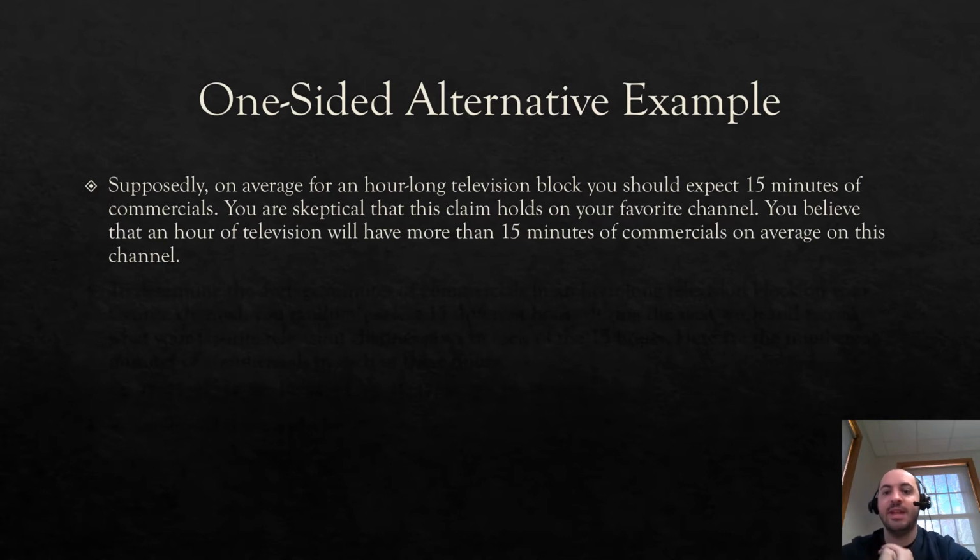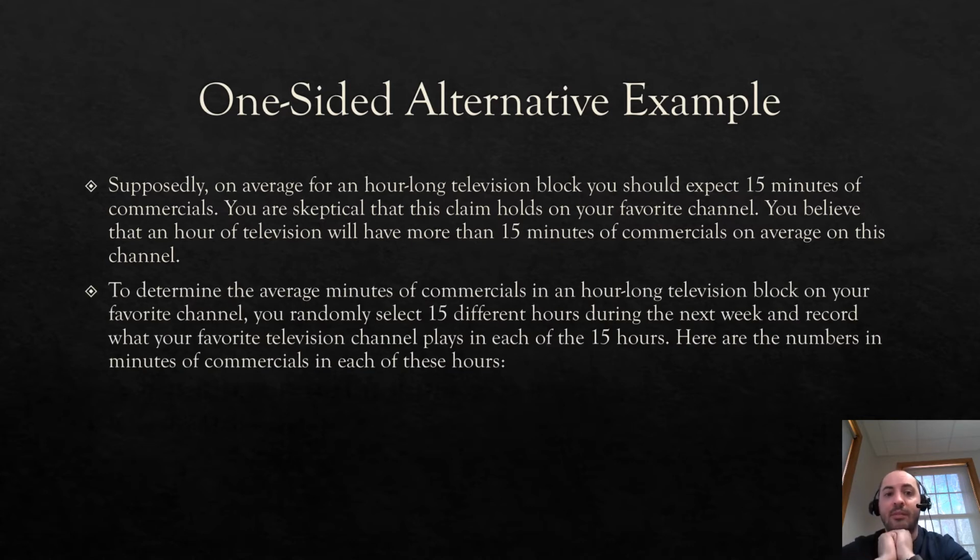We have a one-sided alternative hypothesis today in this video. Supposedly, on average, an hour-long television block should expect 15 minutes of commercials. You are skeptical that this claim holds for your favorite channel. You believe that an hour of television will have more than 15 minutes of commercials on average on this channel. So you're going to conduct a test.